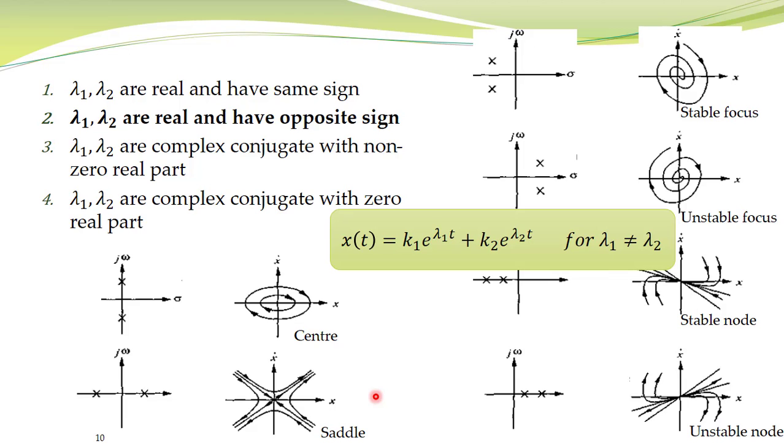So now you are able to describe the qualitative behavior of linear systems by looking at their phase portraits. So even if you are not provided with the eigenvalues, all of you should be able to describe the qualitative behavior of linear systems looking at phase portraits. For example, if a phase portrait has this shape, then what will be the behavior of the system?